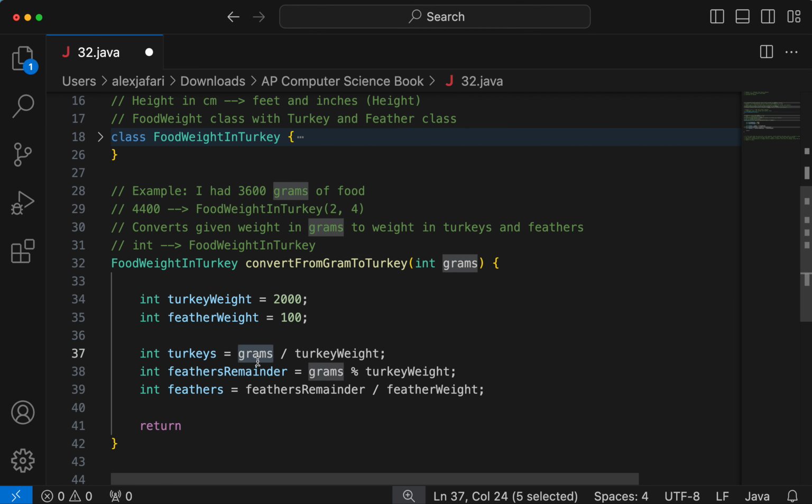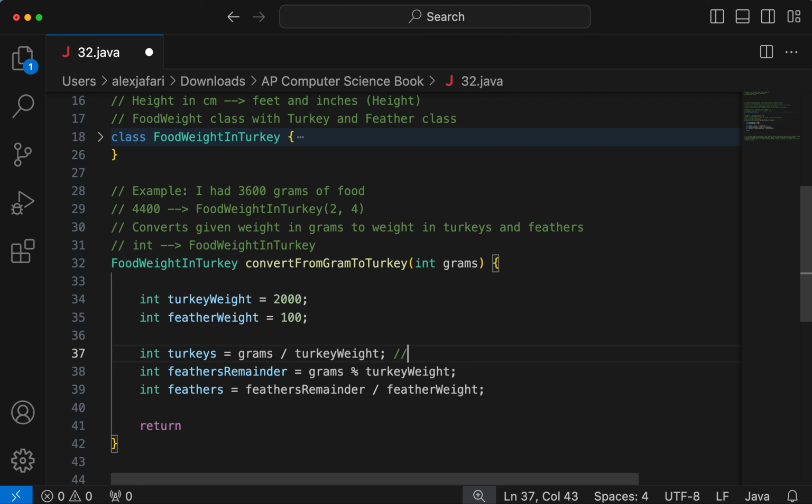What is 3,600 divided by 2,000? It's going to be 1 point something, right? Exactly. So it's going to round it down to 1 because it's an int. It's a whole number. So it's going to be 1 turkey.